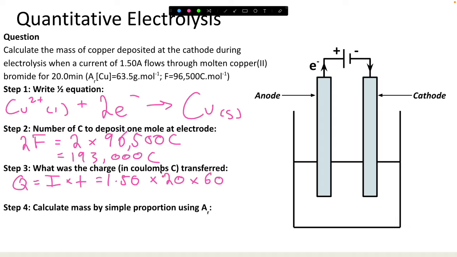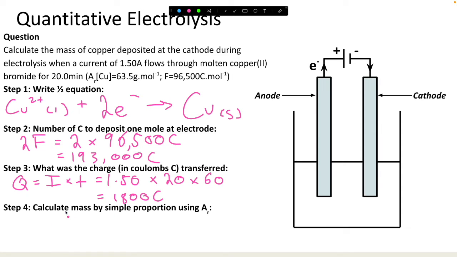Very important that our time's in seconds, so let's multiply that by an extra 60 to get our minutes into seconds. 1.5 times 20 times 60. So we've only put 1,800 coulombs of charge through this system. But it takes a lot more than that to deposit 1 mole of our copper solid. So we're going to have a lot less than a mole of copper deposited.